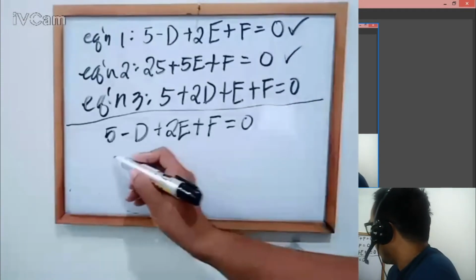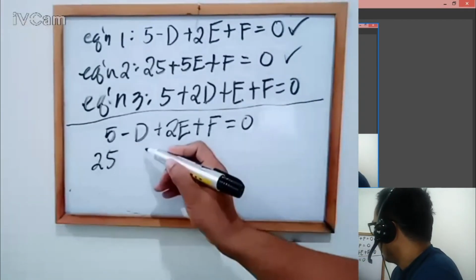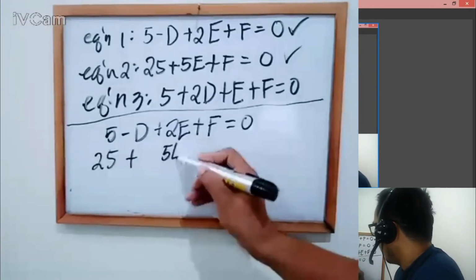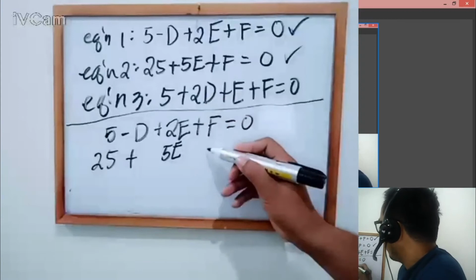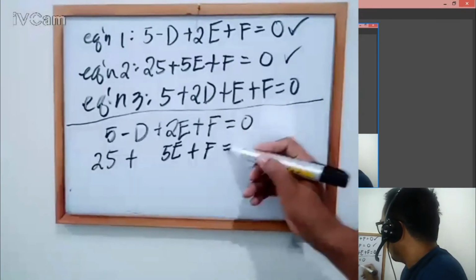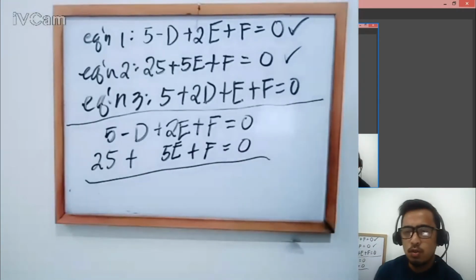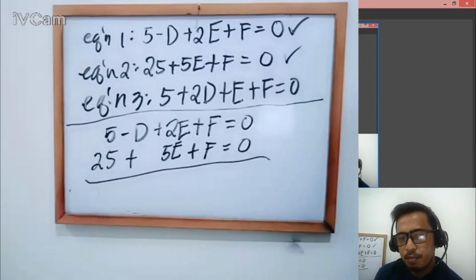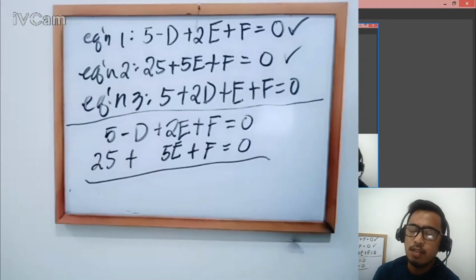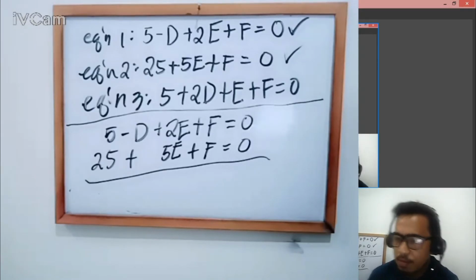Equation 2, you have 25 plus 5E, let's align them, plus F equal to 0. If you wish to eliminate one of the unknowns, you should think of a process so that it will be eliminated. It's either you subtract, you add, or you multiply a constant to one of the equations so that it will match the other equation.